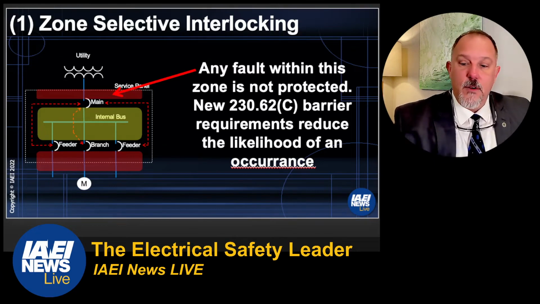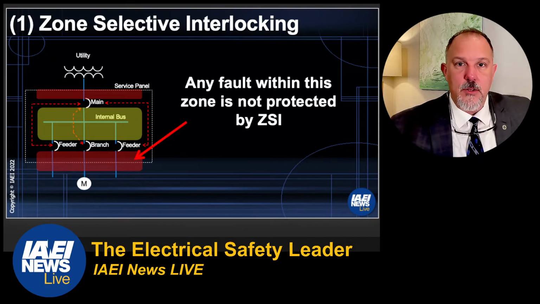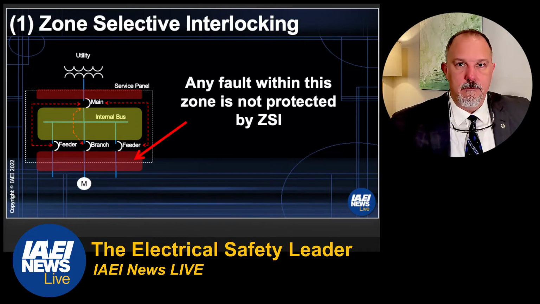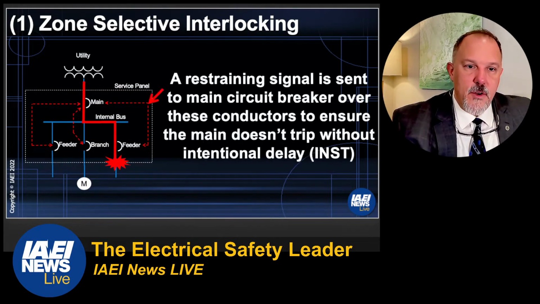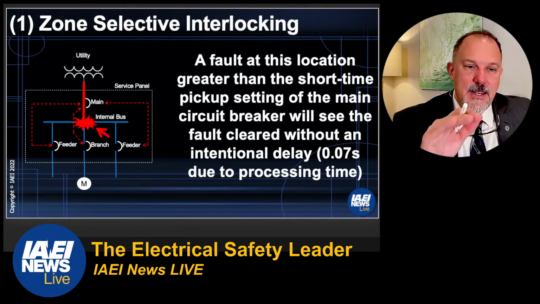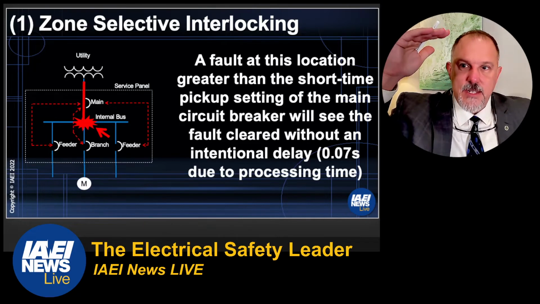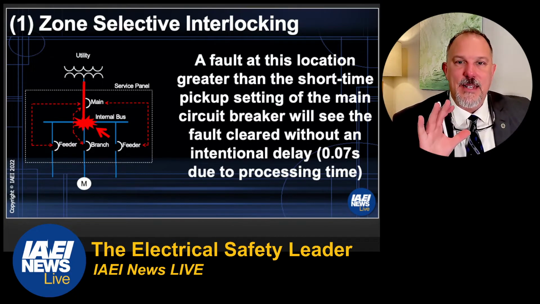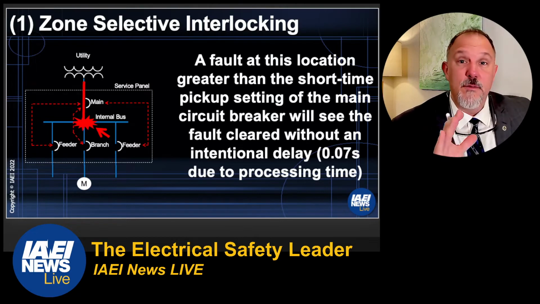If I have a fault on the load side of the downstream circuit breakers, zone selective interlocking does nothing for me. My sweet spot is when the fault occurs in the zone of protection, in between the upstream overcurrent device and the downstream overcurrent protective device. That is the only time zone selective interlocking provides you value.